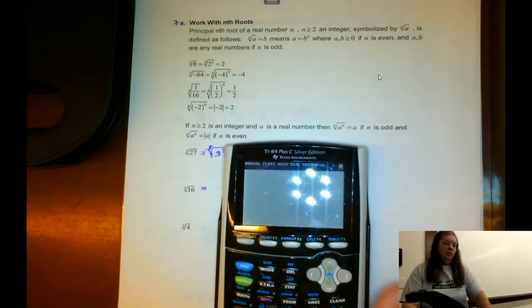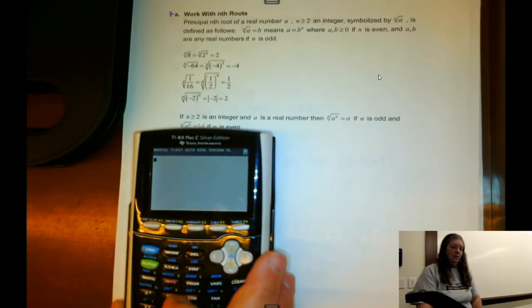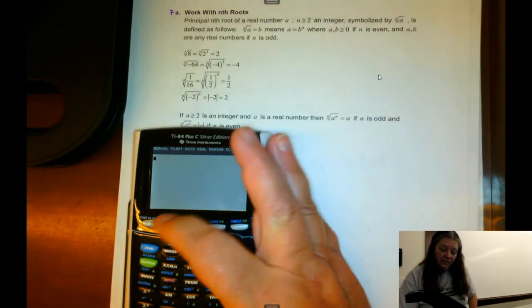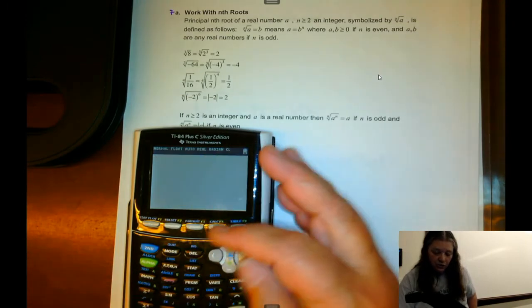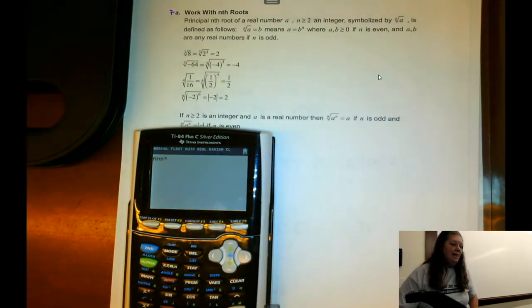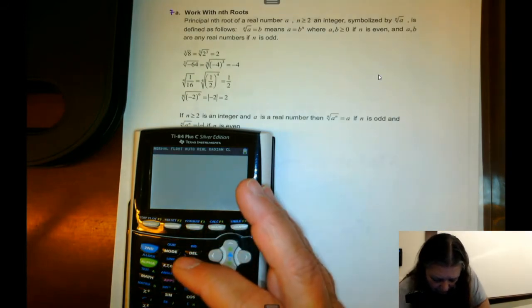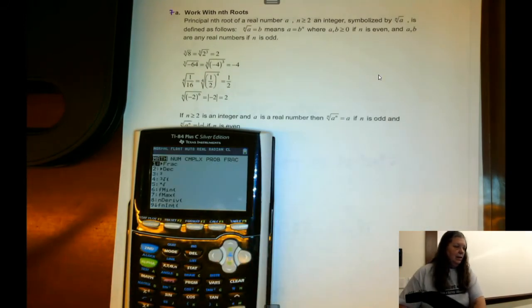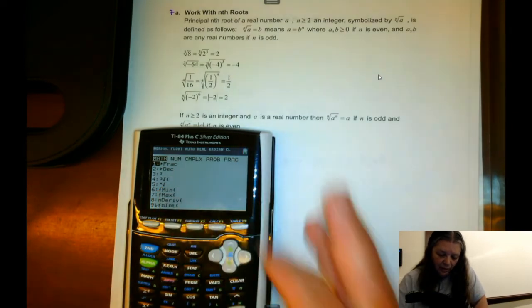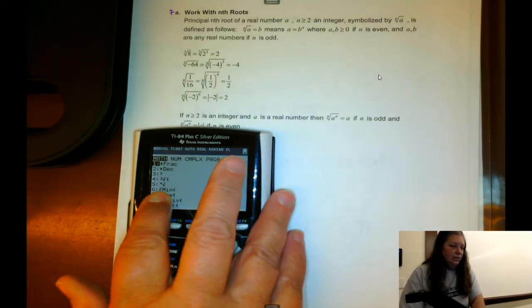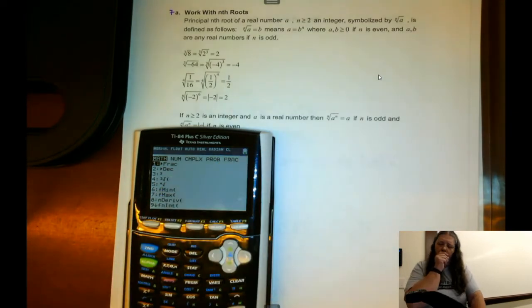We can't work it out, but what we can do is use the calculator. So to use the calculator, we want the fifth root, we're going to go to the math menu. They have an xth root of a number.